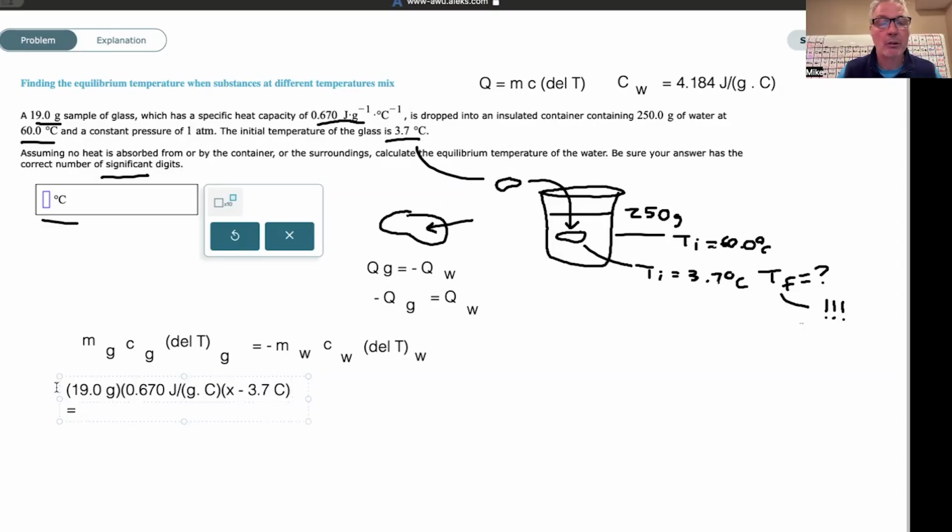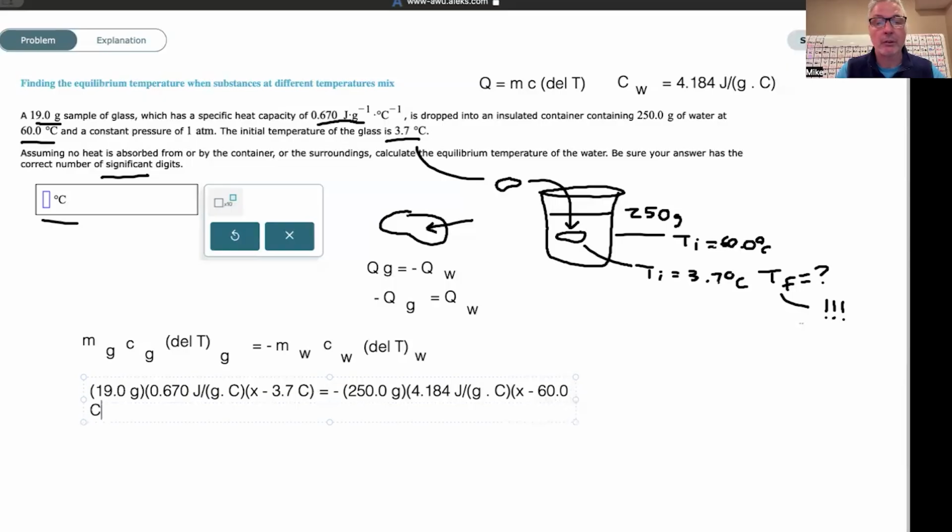Now that is equal to, let me stretch out my box, negative 250.0 grams, mass of the water, heat capacity of water, 4.184 joules per gram times degree C, times the delta T, X minus 60.0 degrees C. So you see, the X is the same.